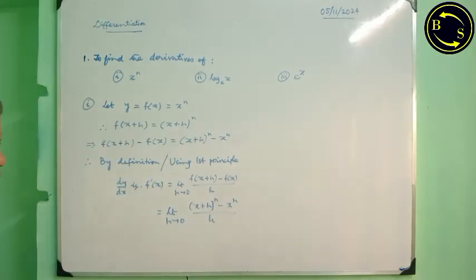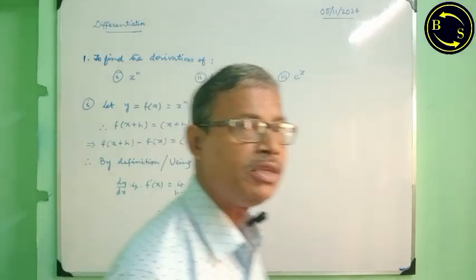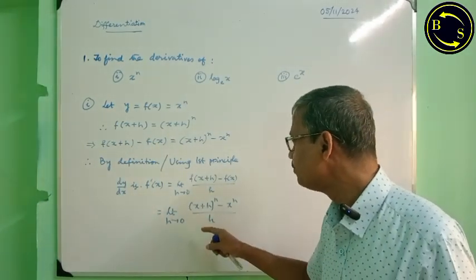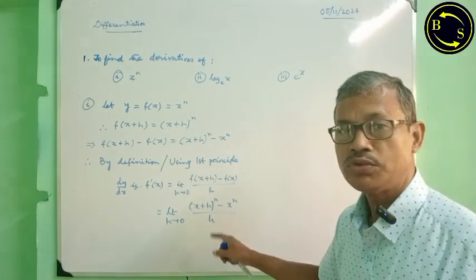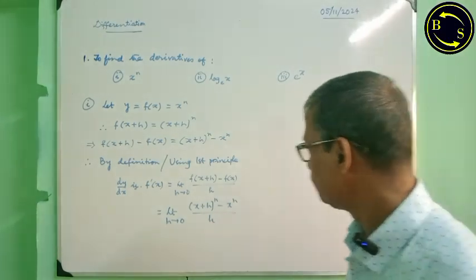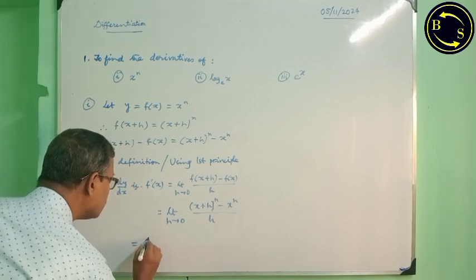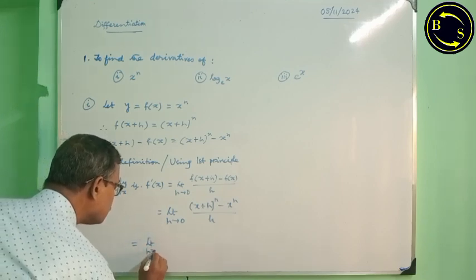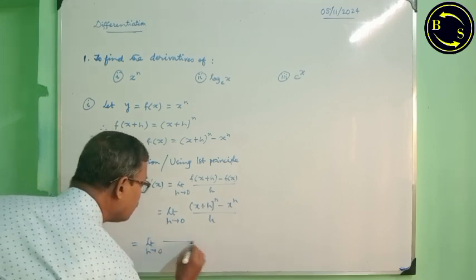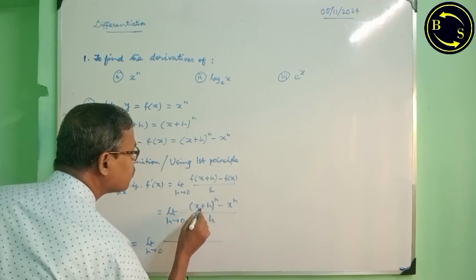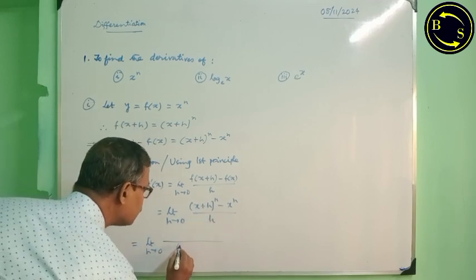Already we have worked out limits of such types. In this case, it will be better to change the variable. For that, the denominator is expressed as the difference of x plus h and x.